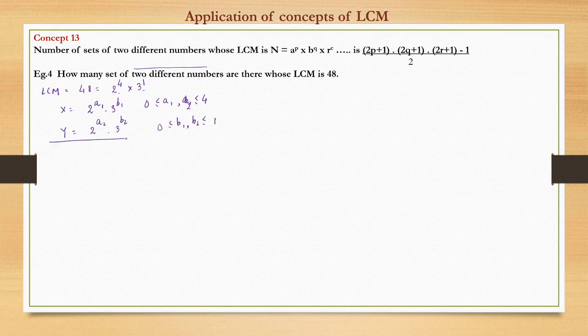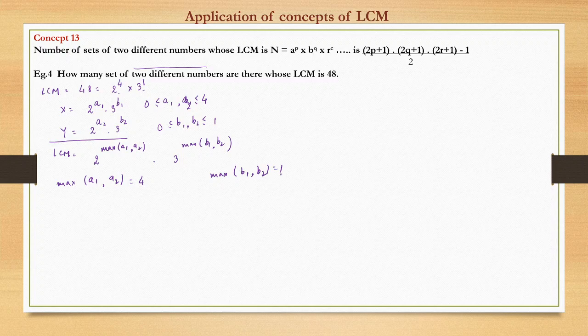And for this x, y, the LCM would be 2 raised to power maximum of a1, a2, into 3 raised to power maximum of b1, b2, right? And we know the LCM is 2 raised to power 4 into 3 raised to power 1. So the maximum of a1, a2 has to be 4 and the maximum of b1, b2 has to be 1.